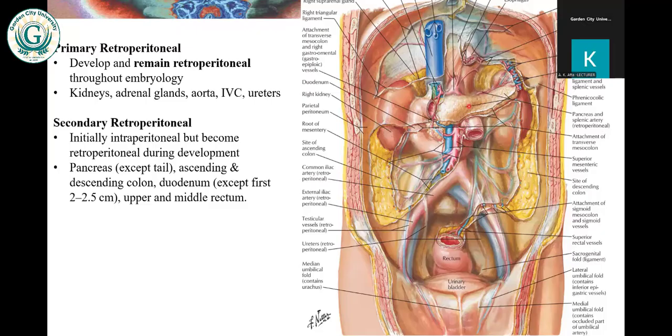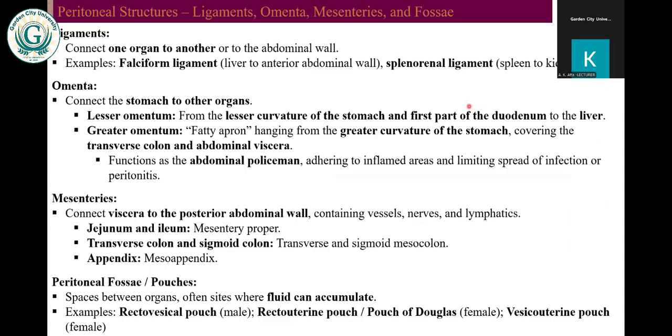So in secondary retroperitoneal organs, they had the mesentery initially, but they lost it. So the pancreas and the ascending and descending colon are typical examples of secondary retroperitoneal organs. Primary ones, you can't forget the kidney. They never had a mesentery during development, so they've always remained behind the peritoneum.